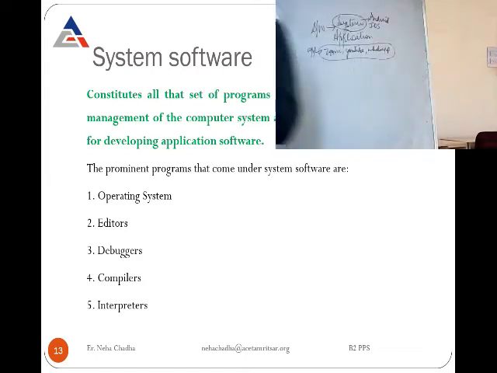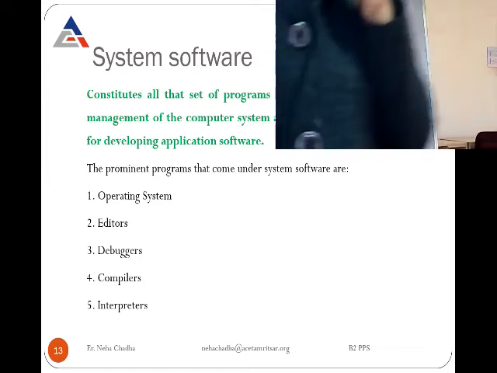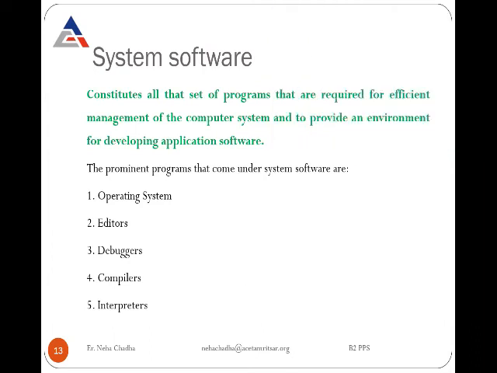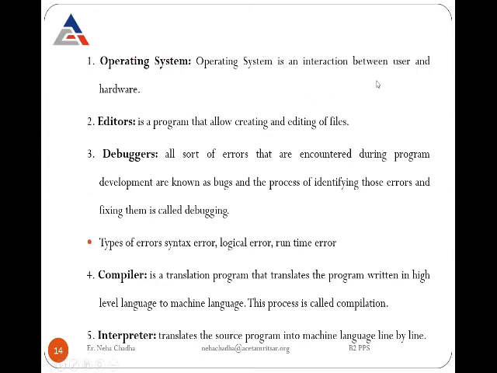So, firstly, when we talk about system software, the first is the operating system. Here I have given one example: operating system means your Windows, your Android, your iOS, your Linux, your Unix.